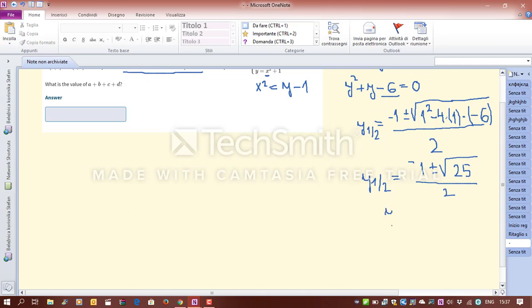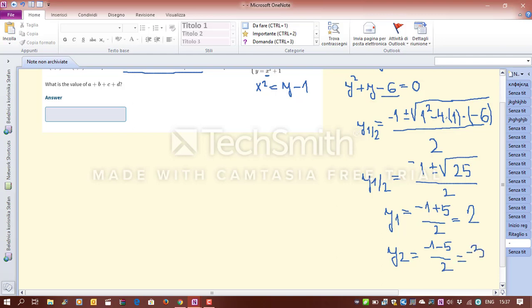Okay, so the first solution will be minus 1 plus 5 over 2, which is 4 over 2, just 2. And the second solution will be minus 1 minus 5 over 2, it will be minus 3.